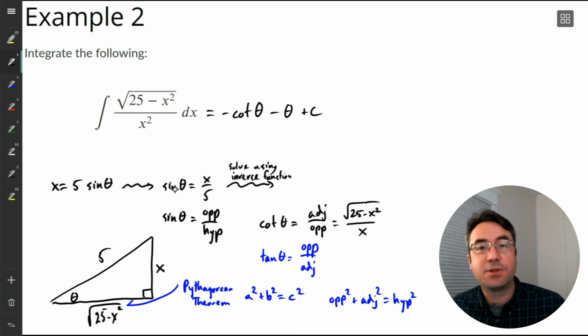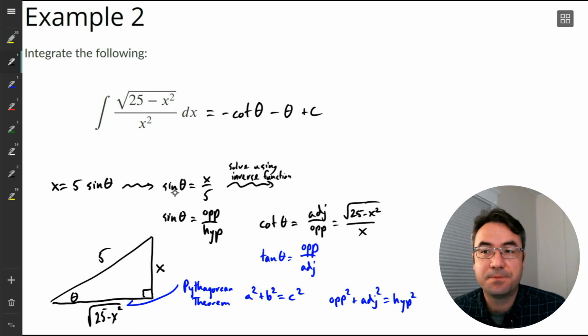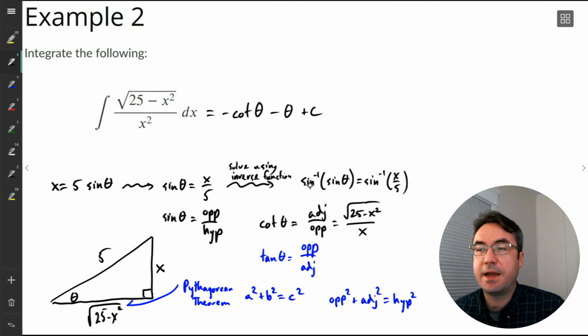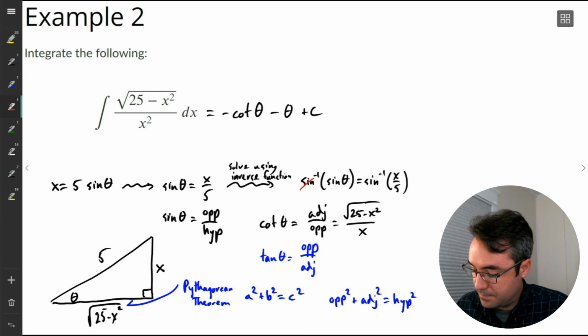And for functions, the way we can cancel off functions is with their inverse function. And inverse sine is going to help us do this. So we apply inverse sine to both sides of that equation. And on the left, the inverse sine and the sine function cancel off.